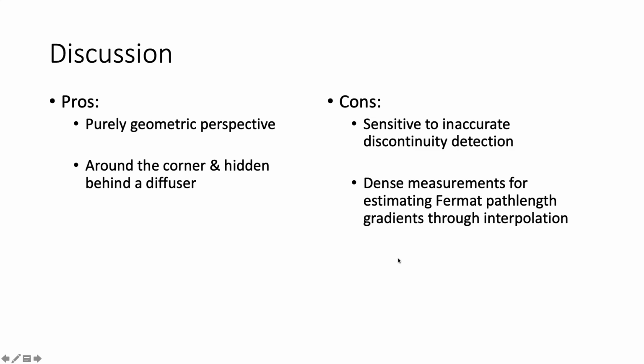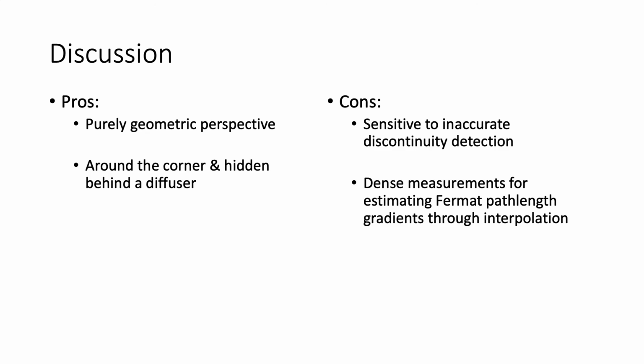Now let's have a glance at its pros and cons. The Fermat paths method treats unseen reconstruction from a purely geometric perspective and offers new insights into the non-line-of-sight imaging problem. What's more, it could recover objects that are around the corner or hidden behind a diffuser.